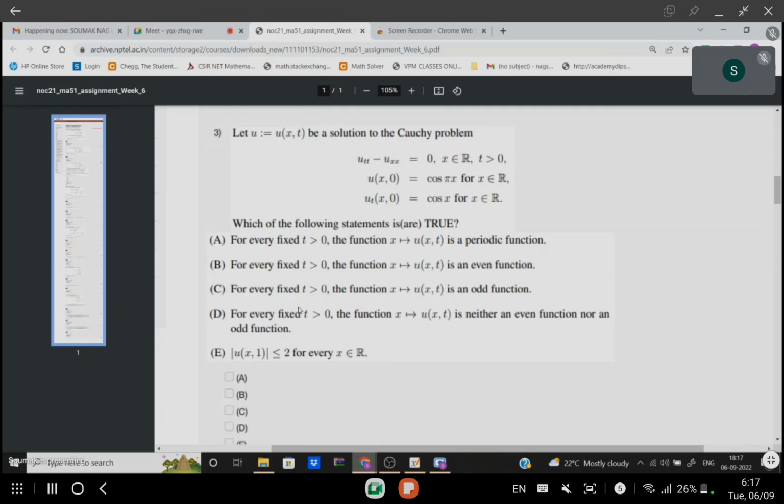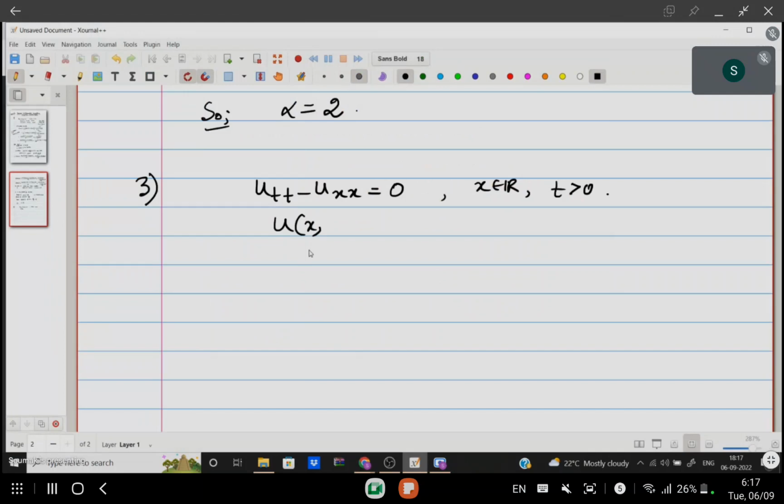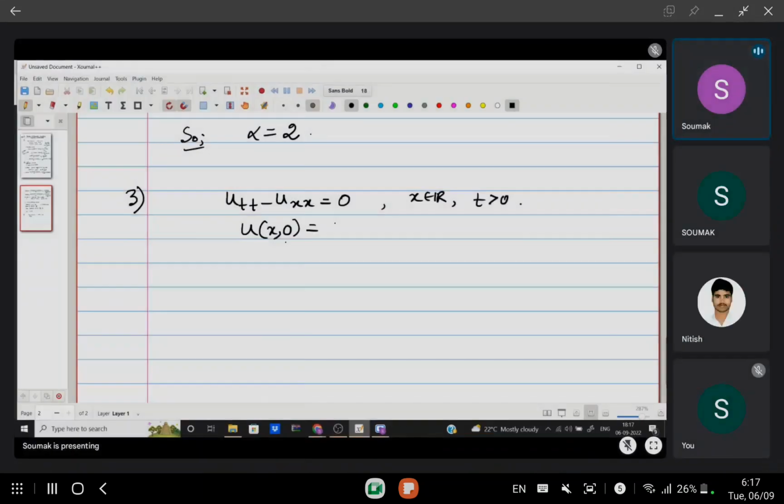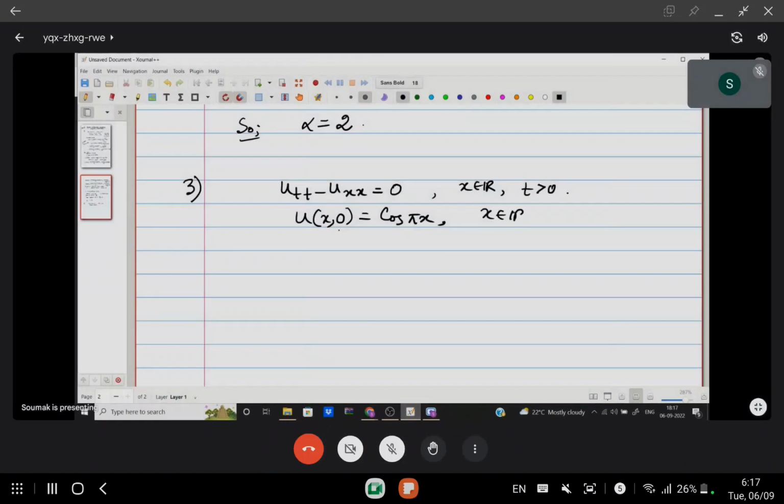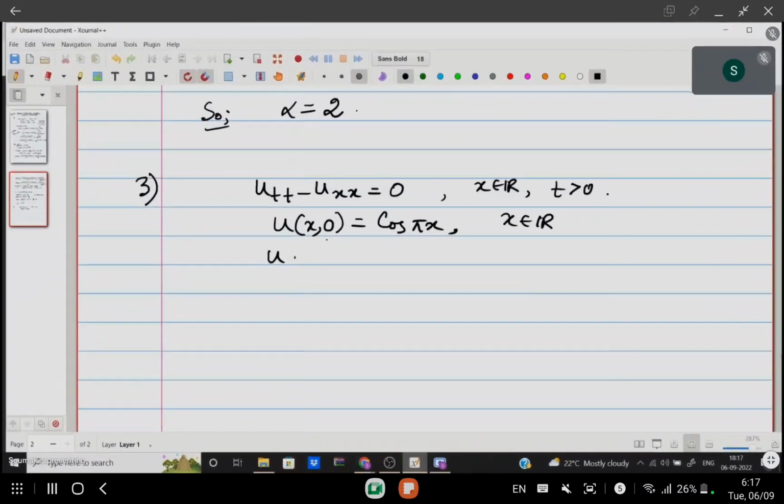Do you know what D'Alembert's formula is for this problem, or shall I tell you otherwise? What is given is that u(x,0) is cos of pi x for x in R, and u_t(x,0) is cos x for x in R. So I have to find the solution of this problem.